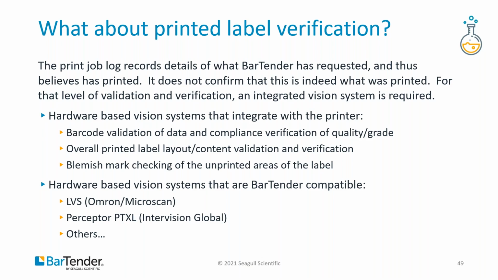So is the data that are printed that will be stuck on a particular box or product, is that data applicable to that particular box or product? Is that the correct data? Whereas verification has to do with the quality of the printing, quality of the barcodes, quality of the overall label, and whether it fits the criteria specified.